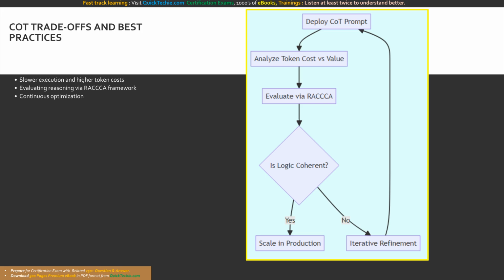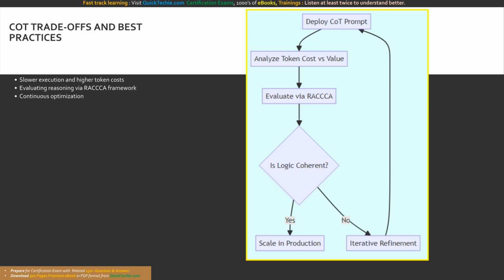How do we evaluate if our COT prompts are effective? We employ structured evaluation frameworks like RACA: relevance, accuracy, completeness, clarity, coherence, and appropriateness. You must meticulously evaluate the generated reasoning chain for logical coherence.